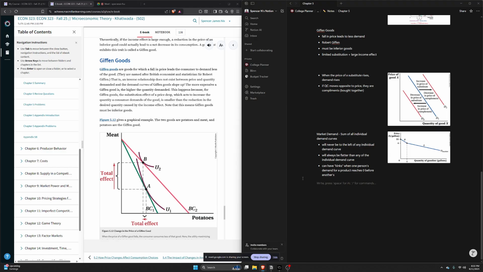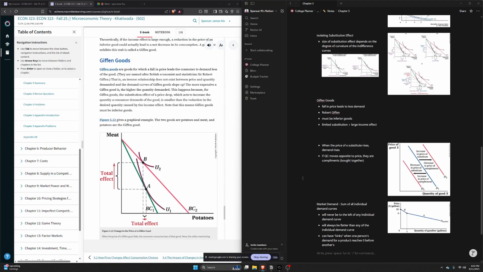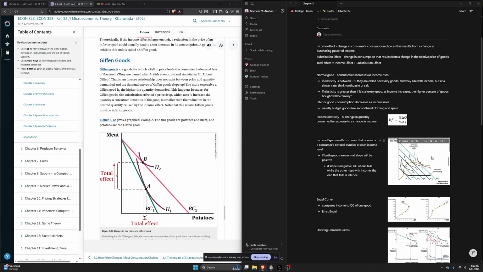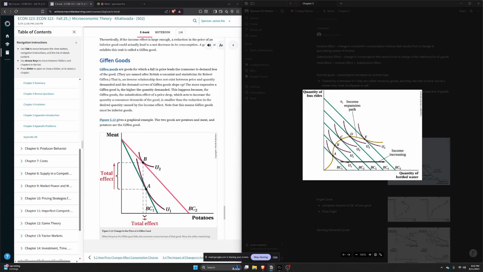Okay, so you said that the income expansion path is a curve that connects all the utilities at that quantity? Yeah, so what you're doing is you're changing the income, right? We started in chapter 4, we looked at just one income by itself. There was only one line here and one utility curve.